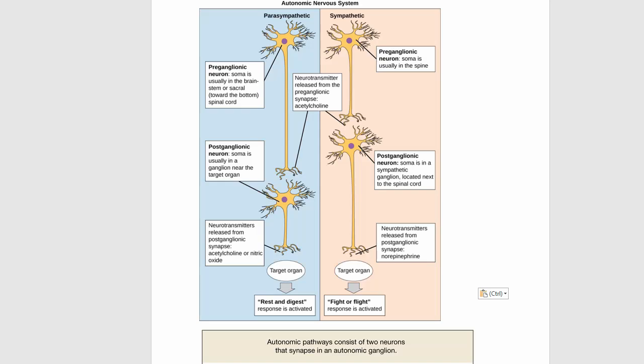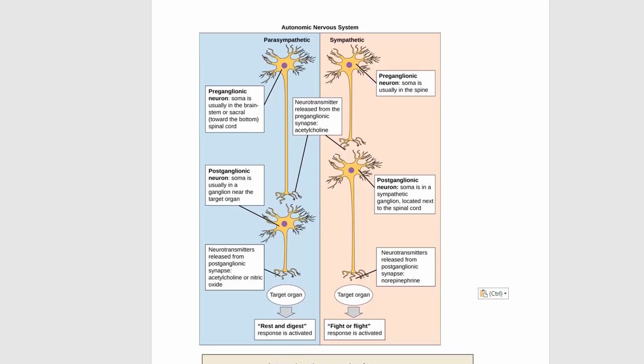So the preganglionic ones are both releasing acetylcholine. The difference comes in the postganglionic neurons. The sympathetic system here, the fight or flight response, is releasing norepinephrine or noradrenaline, whereas the postganglionic on the parasympathetic side makes use of either acetylcholine or nitric oxide.